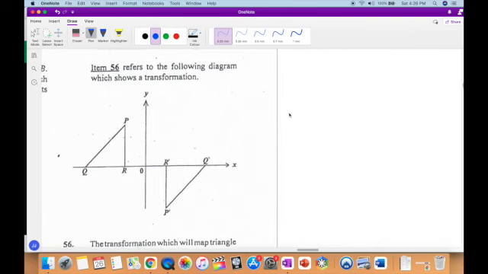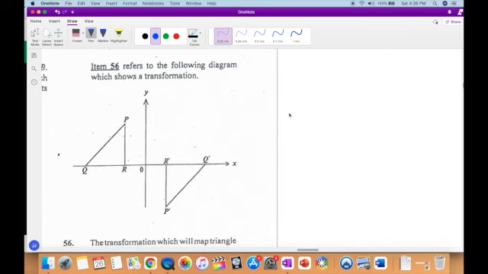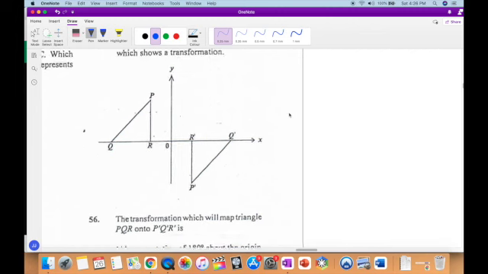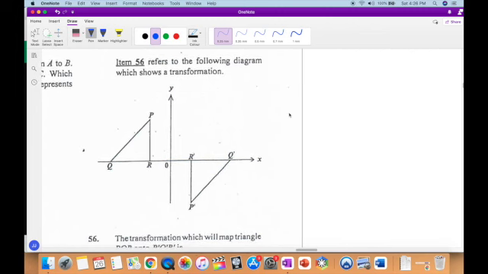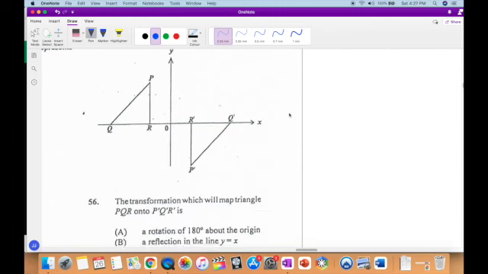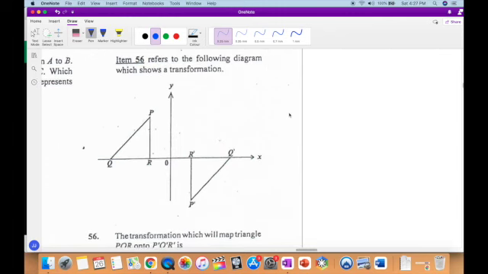Question number 56 refers to the following diagram, which shows a transformation. We can see PQR, and we can see the image P, Q, and R, and it looks like a combination. It looks like it was reflected in the x-axis and then moved, or it could also be a reflection in the origin, actually.